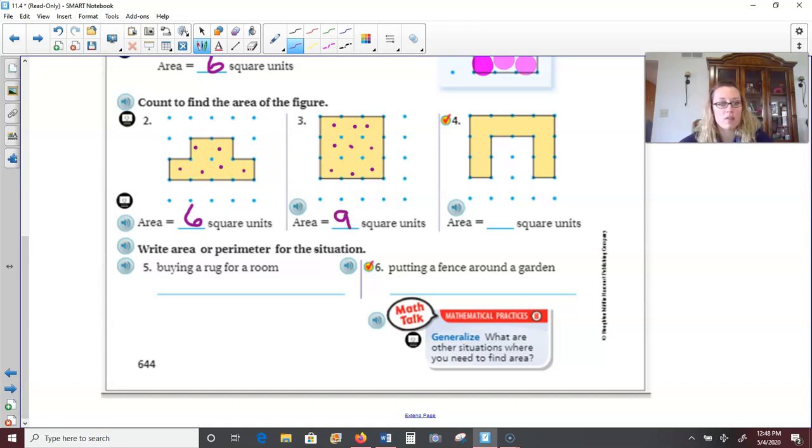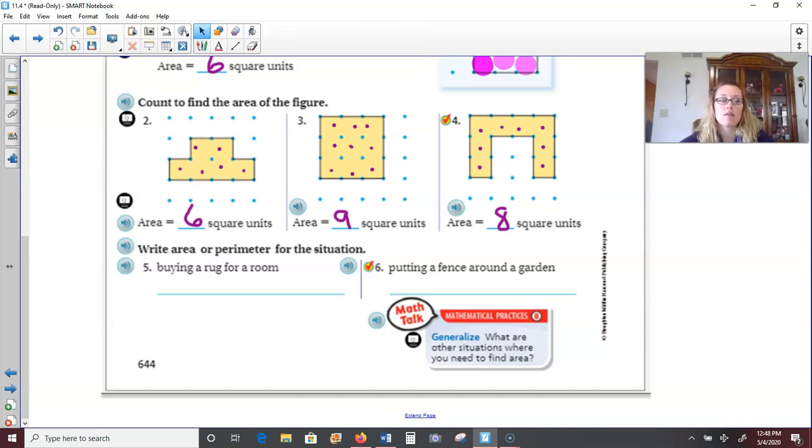Makes sense. We're counting the squares, so our label is square units. On number 4, 1, 2, 3, 4, 5, 6, 7, 8. 8 square units. Awesome.